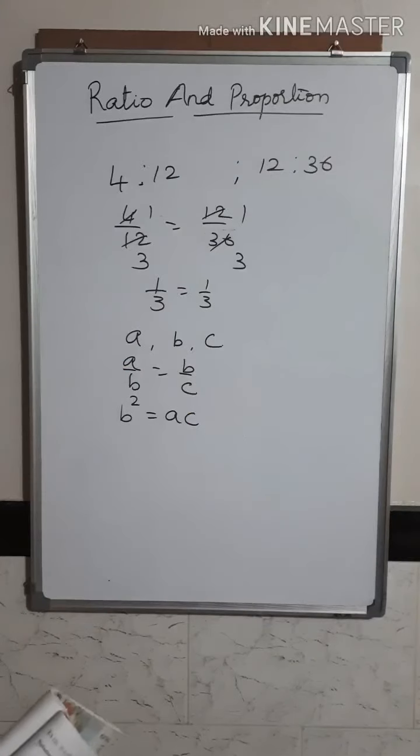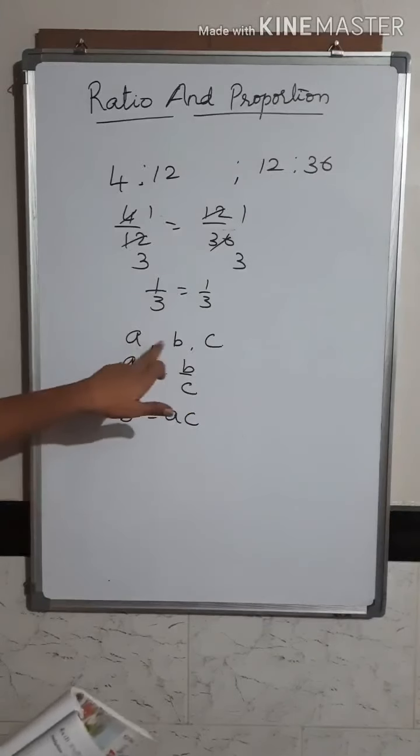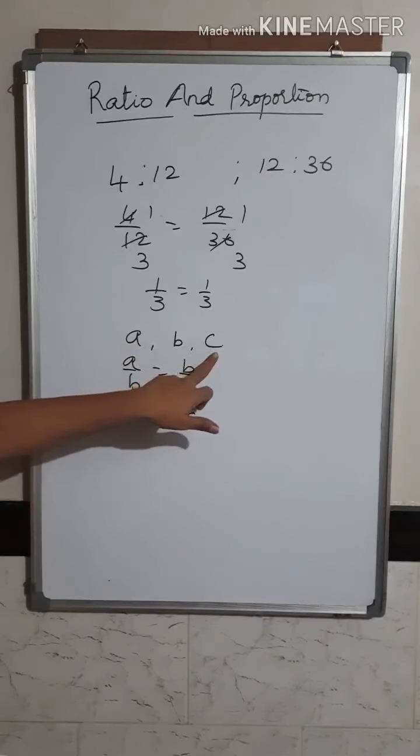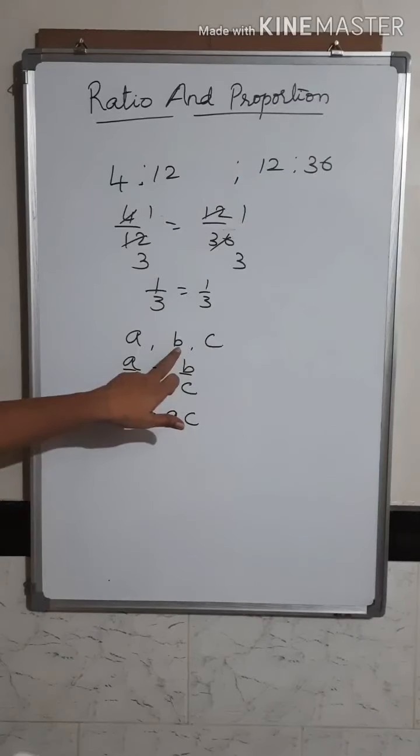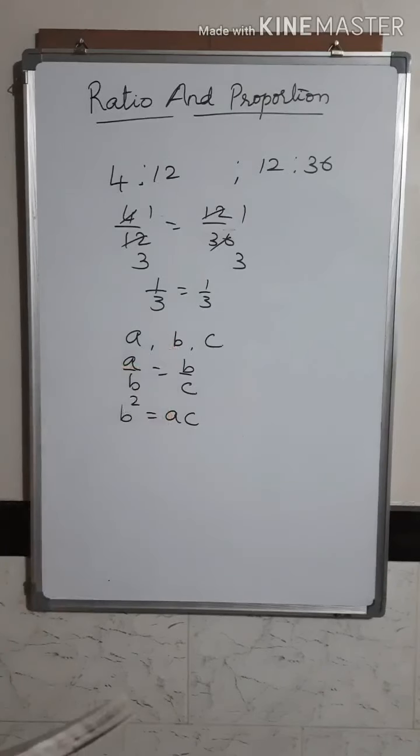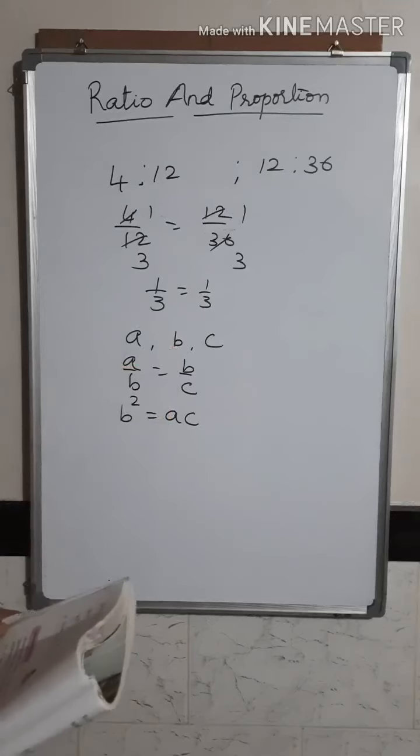Now, if A, B, C are in continued proportion, then the center term B is called the geometric mean, or it is also called the mean proportional. Now we'll see how to work out problems.